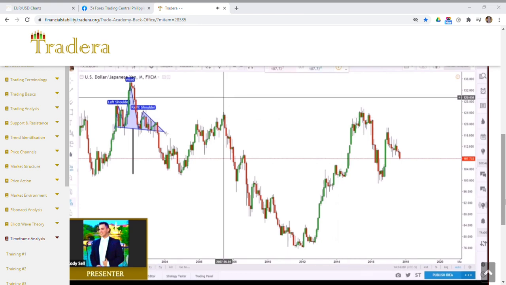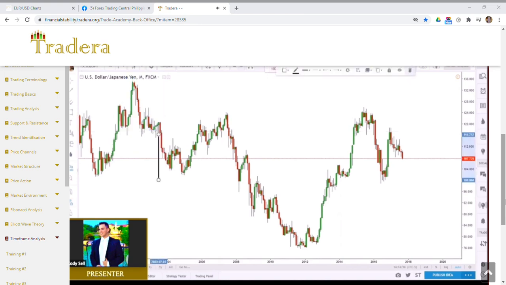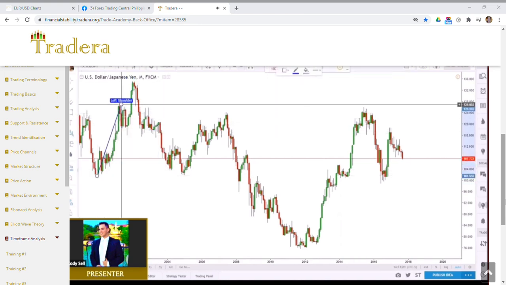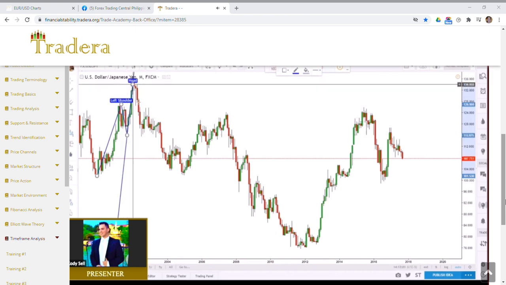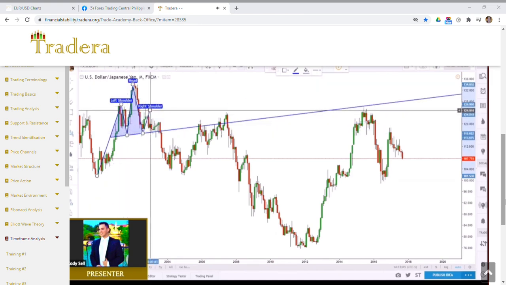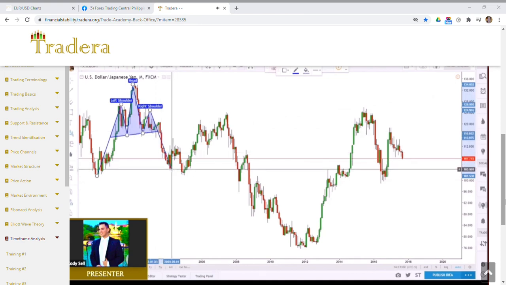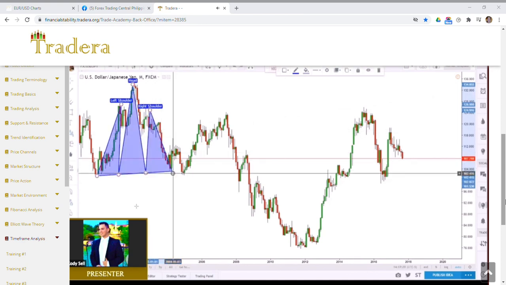Now, it's funny because if you look at this head and shoulders pattern, you have an overarching head and shoulders pattern here as well, where your left shoulder is like so, your head is like so, and then you have your right shoulder down here. Looks something like this, right?